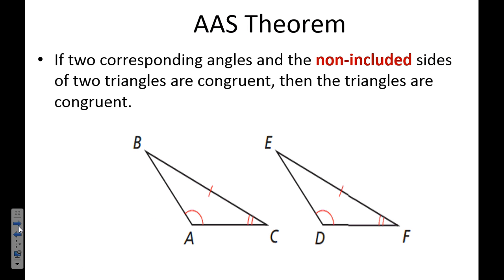Okay. Next example. Next theorem. Angle, angle, side. One way to remember the previous one, angle, side, angle, is like NASA without the N. The way to remember angle, angle, side is everyone wants A's. AAS.